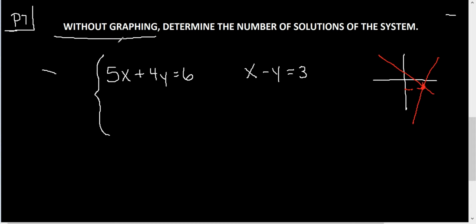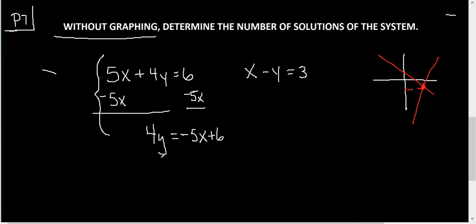Okay. So what I want to do again is arrange this in slope-intercept form. Let's subtract 5x from both sides, and I'm going to compare the slopes. So I've got 4y equals negative 5x plus 6. To get y by itself, I'm going to divide everything by 4. Y equals negative 5 over 4x plus 3 over 2.